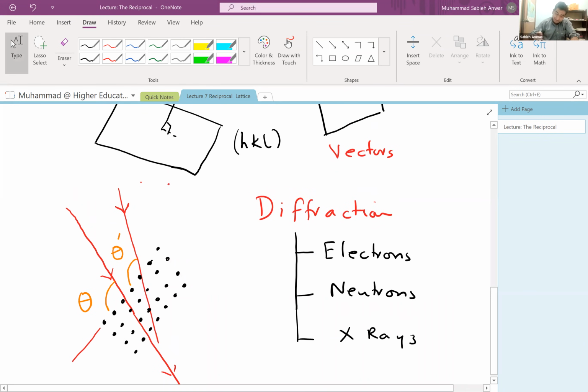Now what really happens inside a crystal is exactly what we are observing.